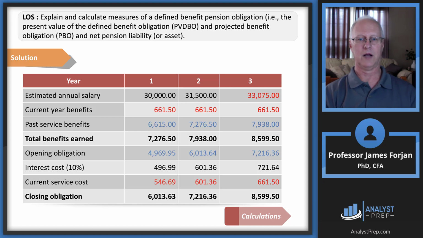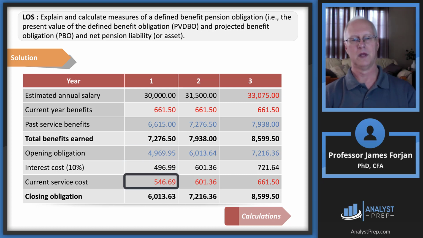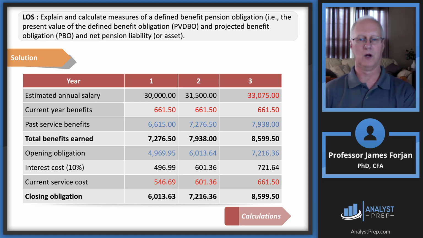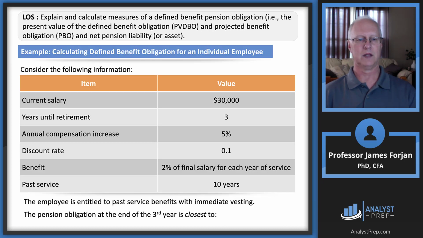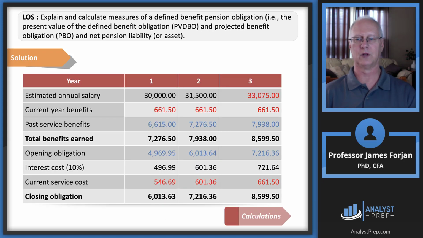And then the closing obligation, just sum those 3 numbers, the blue and the black and the red. And that gets you the closing obligation for year 1 and then 2, and then do that in year 3. And so that 85.99, so let me go back to that question here. The pension obligation at the end of the third year is closest to, so there's our answer, 85.99.